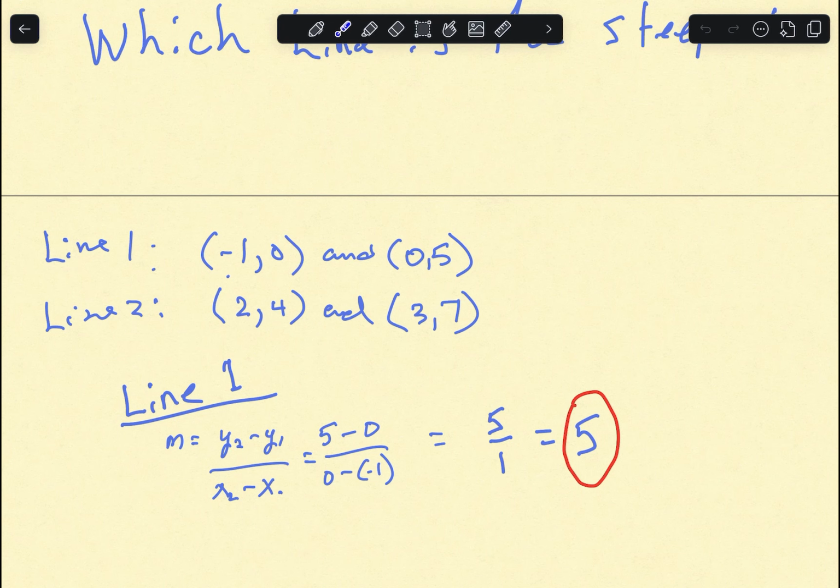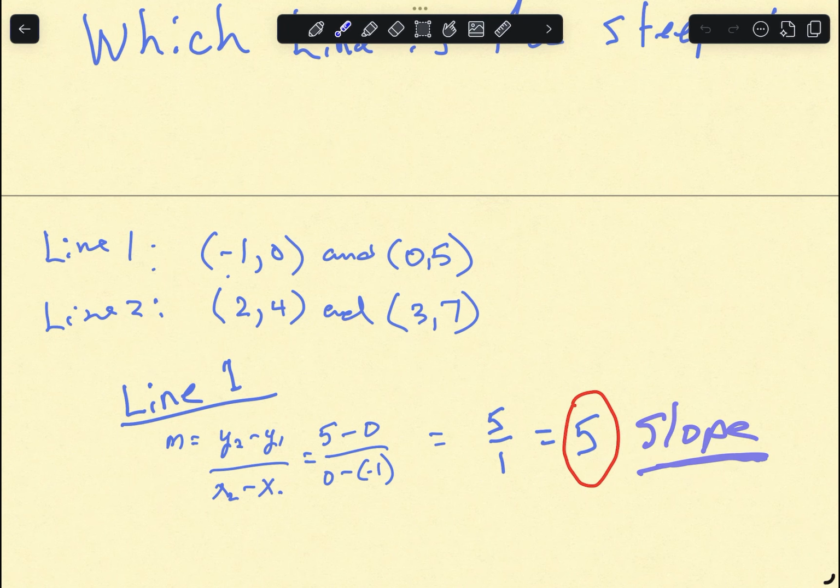On the top, this is your y2 minus your y1, so it's 5 minus 0. So the slope is 5 over 1, which is 5. So that's your slope for line number 1.